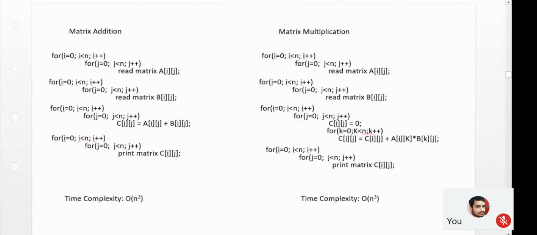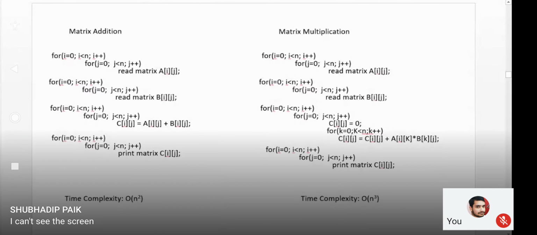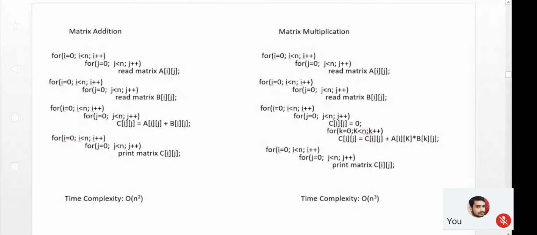That means if the problem is written in an iterative way, so already we know there are two types of function. One is the iterative function, another one is the recursive function.